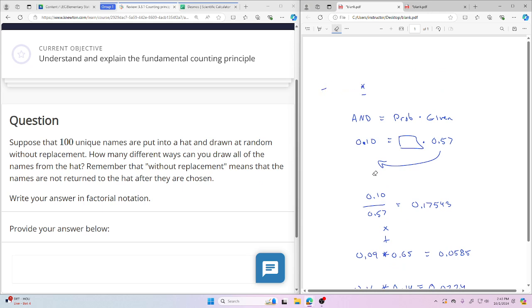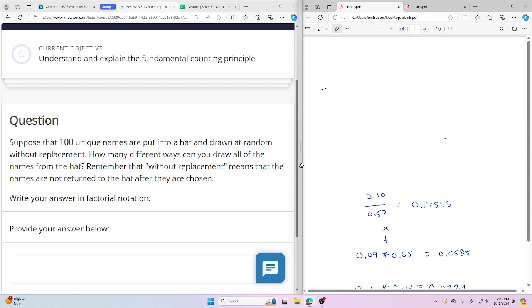So suppose that we have 100 unique names and without replacement. Okay. How many different ways can you draw all the names in the hat? Oh my gosh. I'm just going to be straight with you. It's a huge number. And you just have to put the factorial.